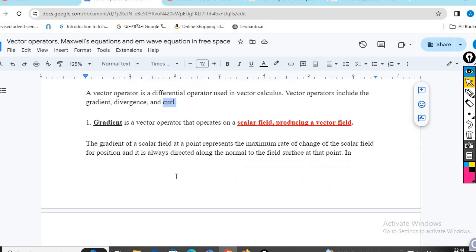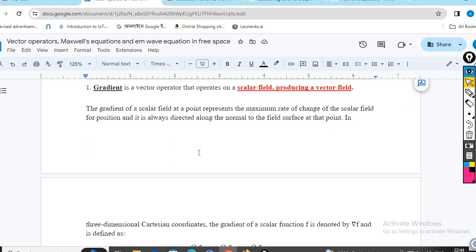So what is gradient? In simple words, the gradient is operated over a scalar field, and this will give you a vector field. If you have some water flow, mathematically it's not a vector quantity, but if you operate on it by gradient, you can represent this water flow field mathematically as a vector field.